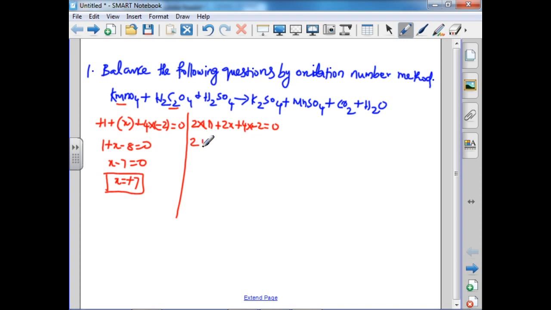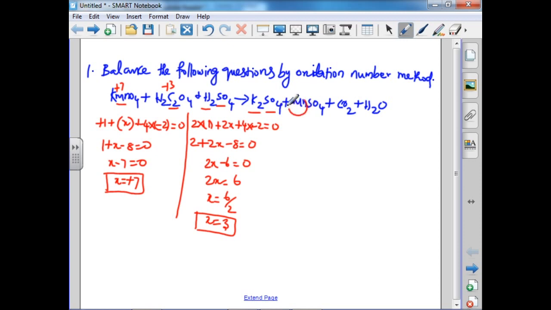So 2 + 2X - 8 = 0, 2X - 6 = 0, 2X = +6, X = 6 by 2, X = 3. So +3 oxidation state. There is no change in hydrogen, and no change in the sulfate ion.